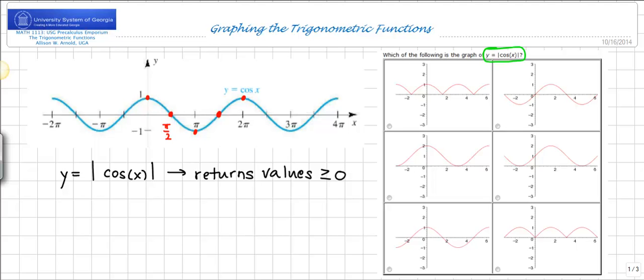So, the portions of the graph that are already above the x-axis or on the x-axis would stay as such, but any portions of the graph that are below the x-axis, you take the absolute value of those y-coordinates, which are negative, that would force them to reflect above. So these pieces would behave in the following manner.